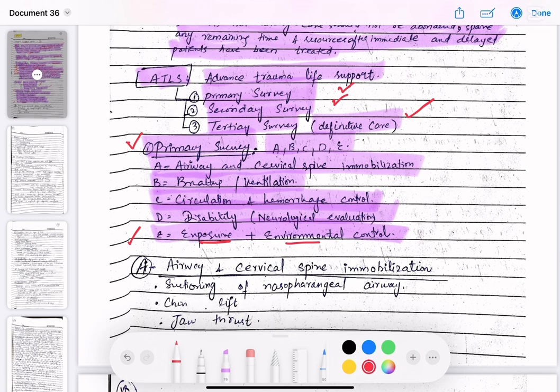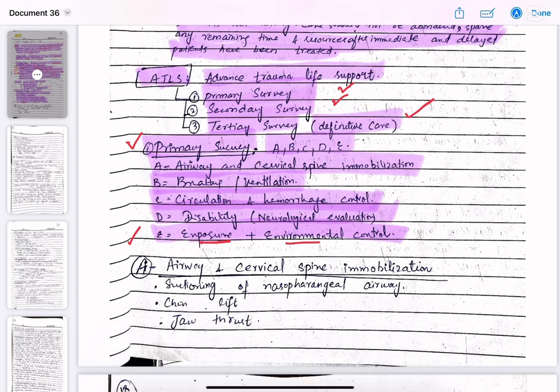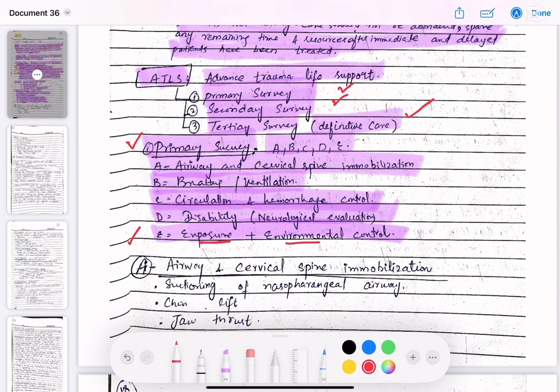First of all, whenever a patient is there, we will do the primary survey. In the primary survey we have A, B, C, D, E. In A, airway and cervical spine immobilization. In B, breathing and ventilation. In C, we support circulation and hemorrhage control. In D, we assess disability, that is neurological evaluation, and in E we do exposure plus environmental control.